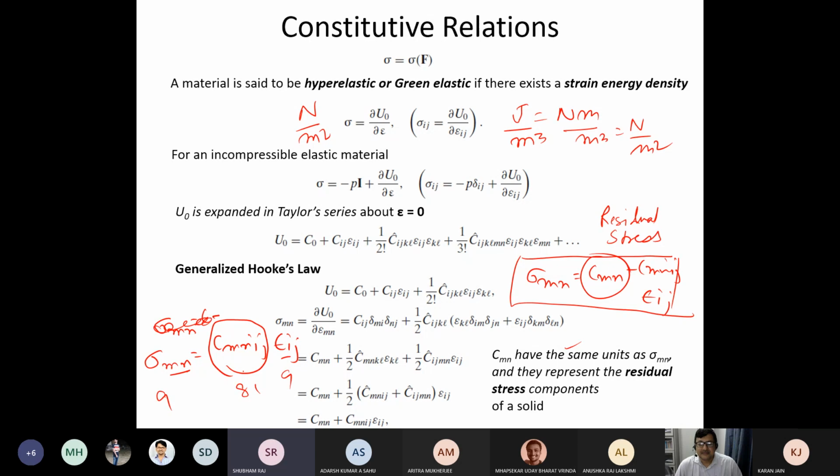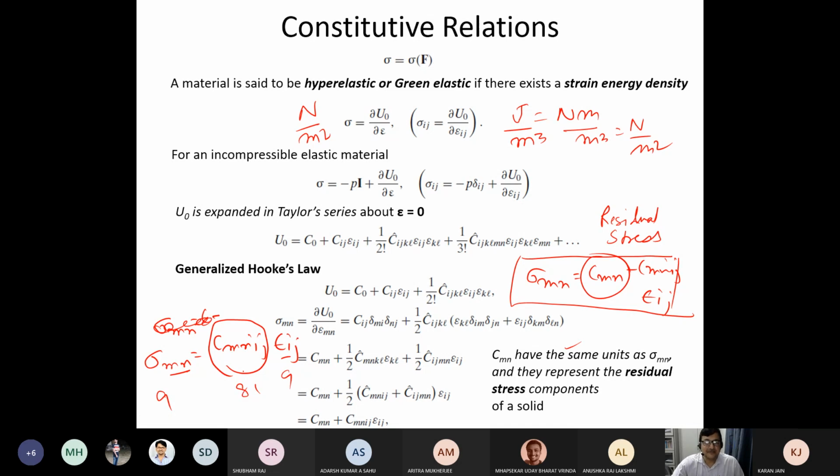Viscosity in case of fluids. Stress is proportional to strain for solids. What is the modulus? Young's modulus. Yes. So this is nothing but the most general form of the Young's modulus. So now why are you getting 81 Young's moduli? How are you getting 81 Young's moduli, by the way?